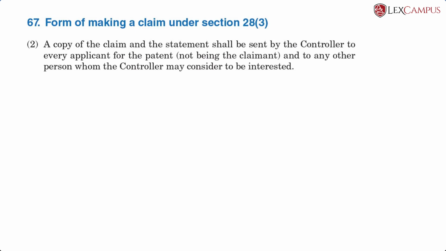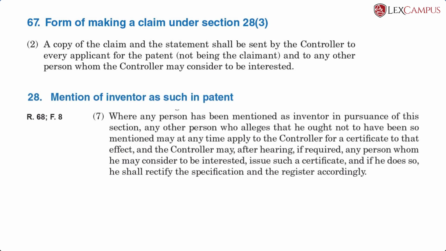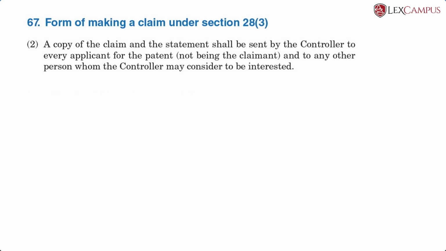Now, we saw the certificate. 28(7) talks about a certificate. It is one of the few provisions where you can rectify an error. The controller has power to correct mistakes and clerical errors generally, but a process of rectification, like filing a petition and getting something rectified, is one of the provisions where you can rectify, and by rectification we mean something else is on record and you want to correct that.